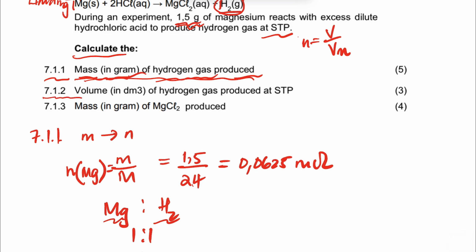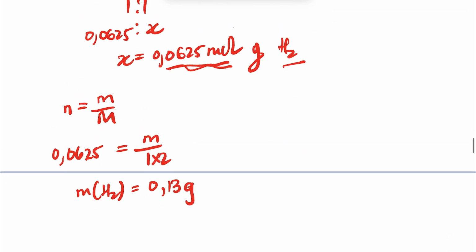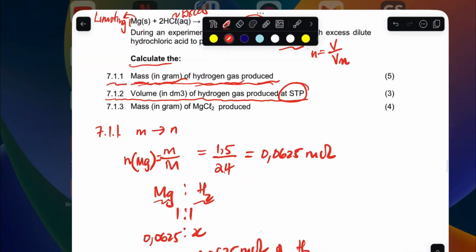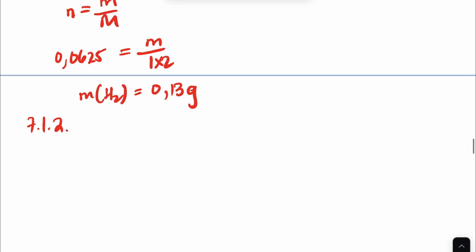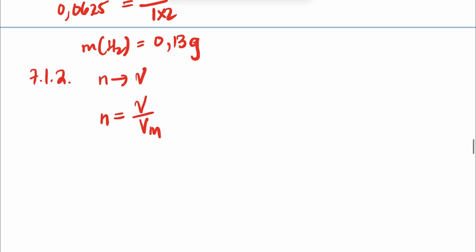Now let's go to 7.1.2, the volume in dm3 of the hydrogen gas produced at STP. Now that you have the number of moles, you can change that number of moles to volume using the formula: number of moles is equal to V over Vm, right?